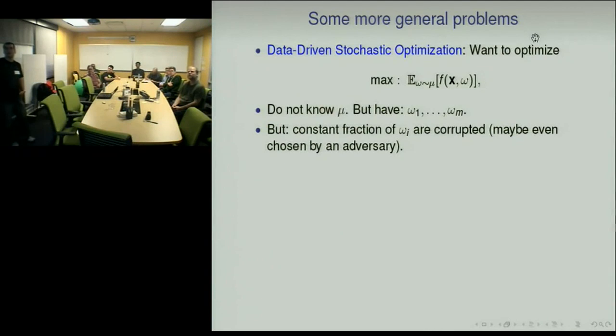You have samples, but a constant fraction of the samples are corrupted, and maybe even chosen by an adversary that knows your algorithm.